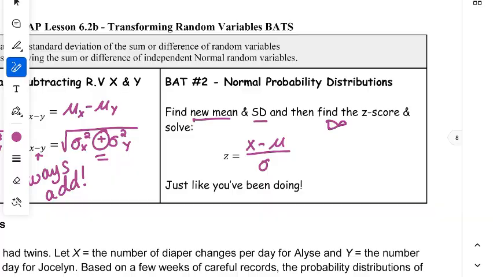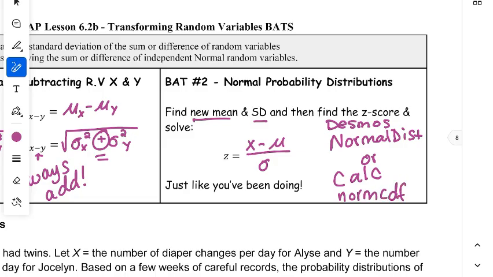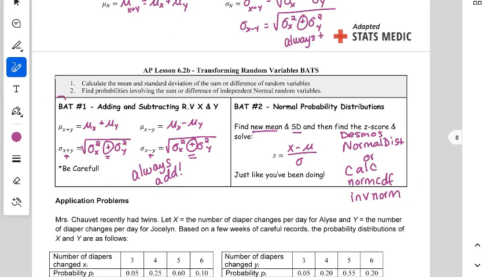But what we have been doing is using Desmos, where we do normal distribution, or in the calculator, we do normCDF and inverse norm. So we'll review that tomorrow. On the application problems, you are going to be looking at this to help you solve them. So I'm going to give you time to work with your partner on that.